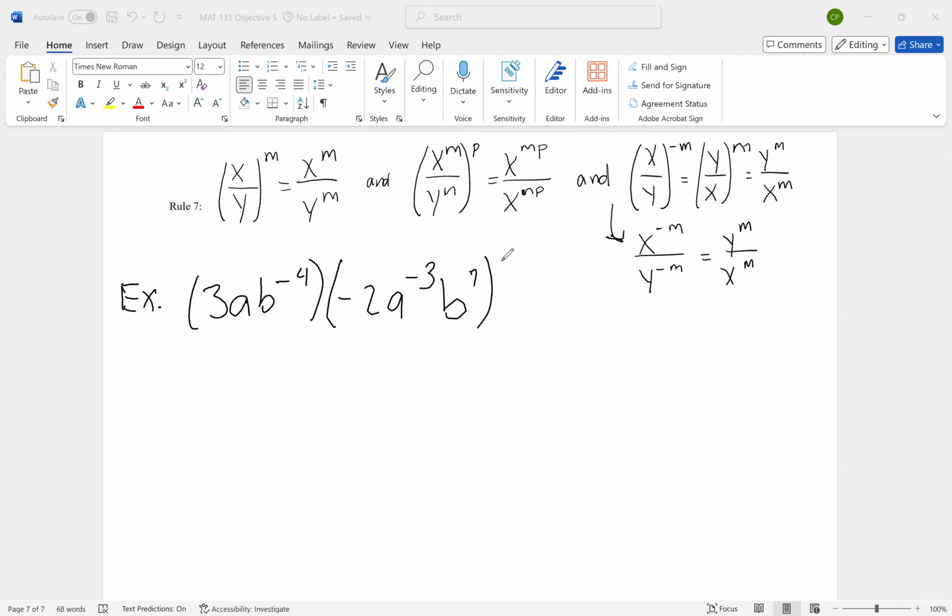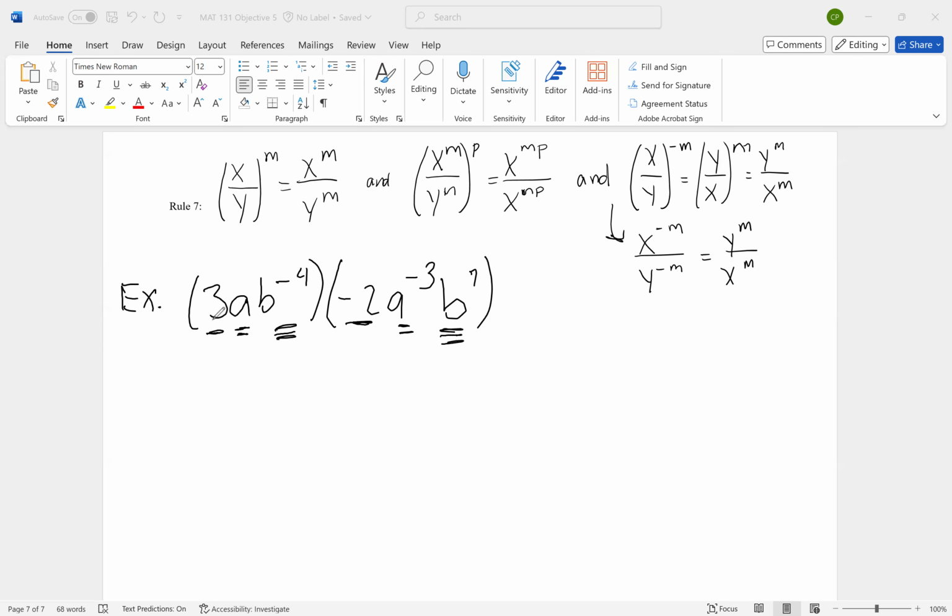Okay. So we have 3ab to the negative 4 times negative 2a to the negative 3b to the 7. Okay. So what I would suggest is to go ahead and do your grouping, or, determine your like bases and everything and start there.